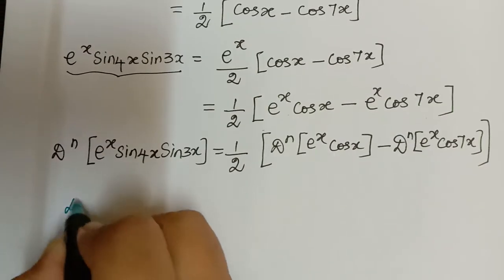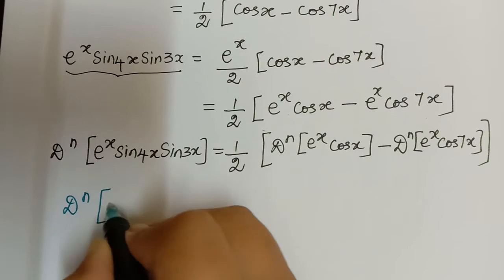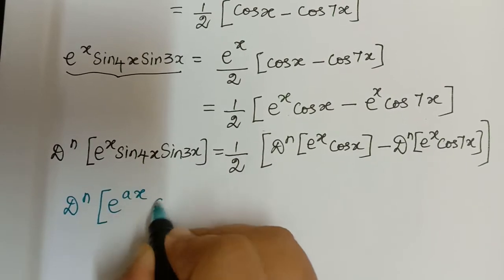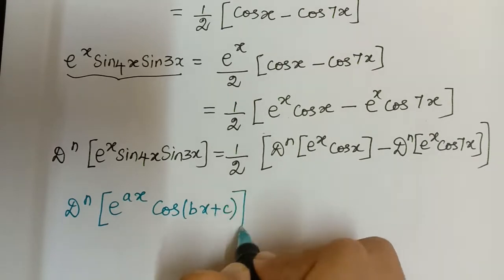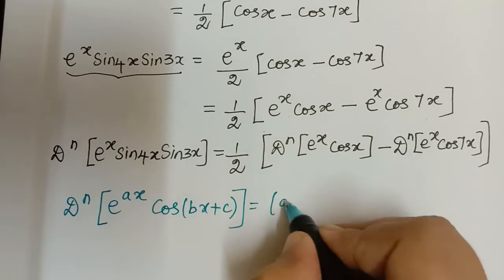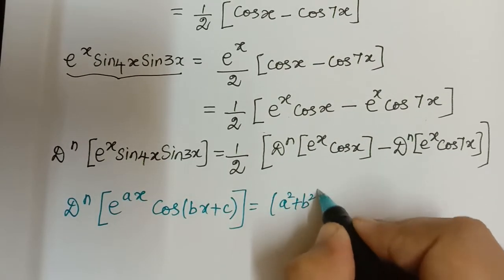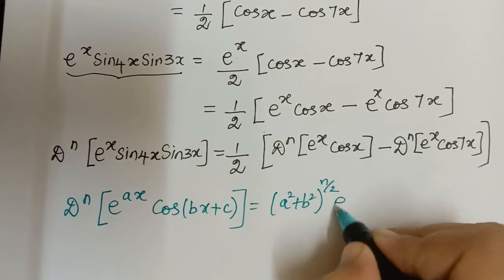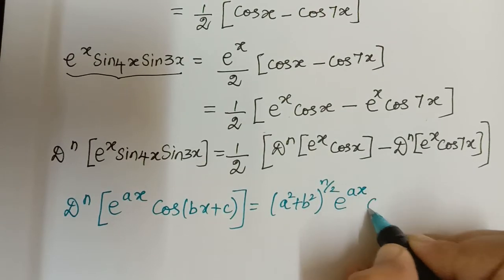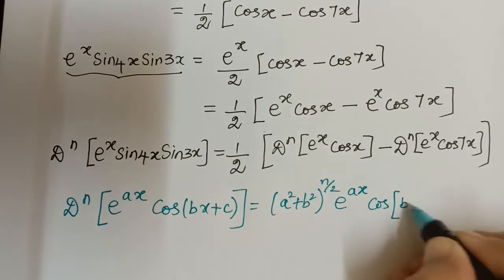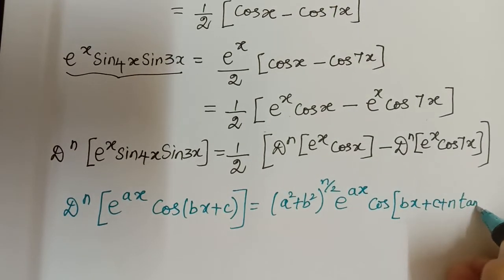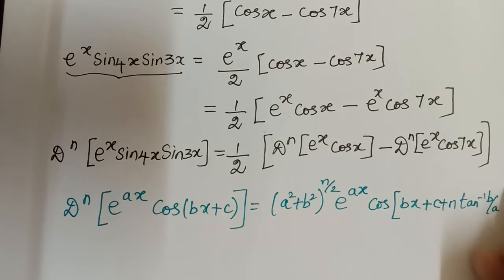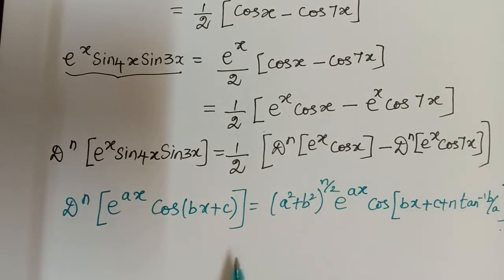So now here we have to use the formula. The nth derivative of e power ax cos of bx plus c is equal to a squared plus b squared, the whole power n by 2, e power ax cos of bx plus c plus n tan inverse of b by a. So this formula we have to use here.